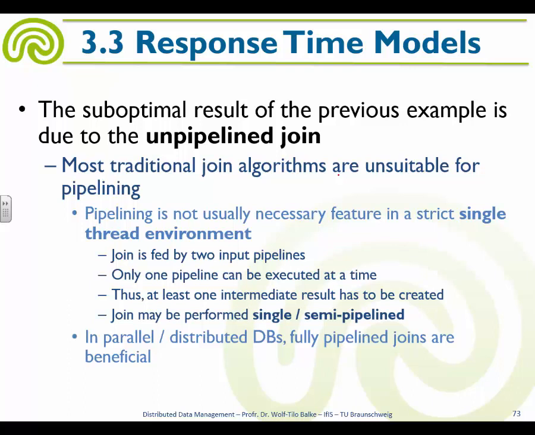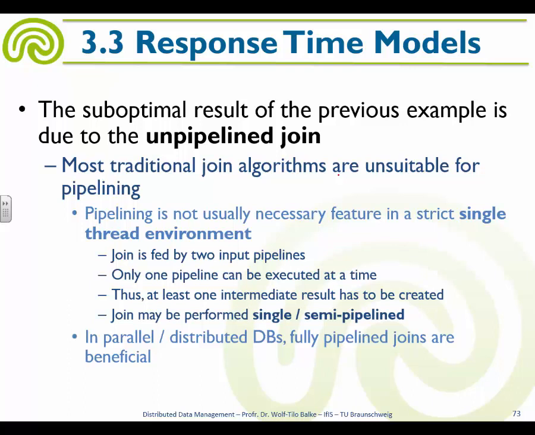Now let's execute the thing with a pipelined join, because if we use the unpipelined joins, we would have to wait very long, right? So the problem of joining is, how can I do that in a pipelined fashion? Because usually I take a tuple from the first relation and compare it to all the tuples in the second relation until I know whether it has a join partner or not.